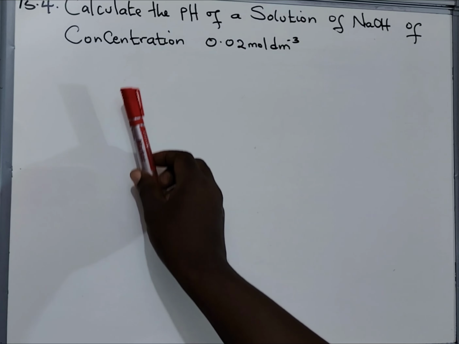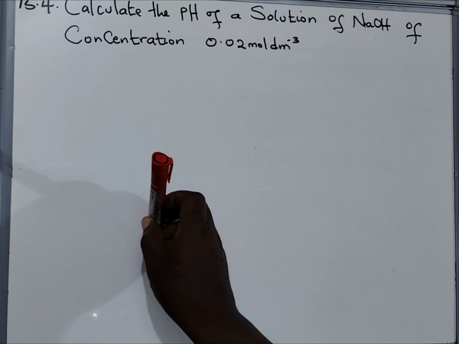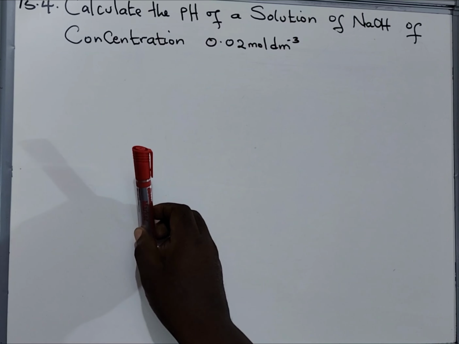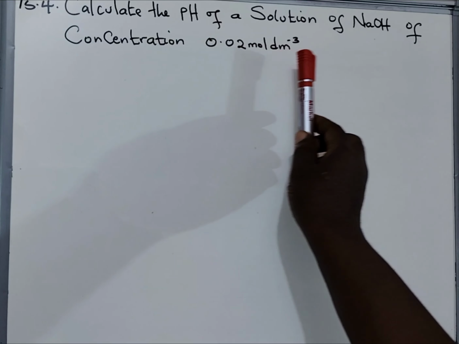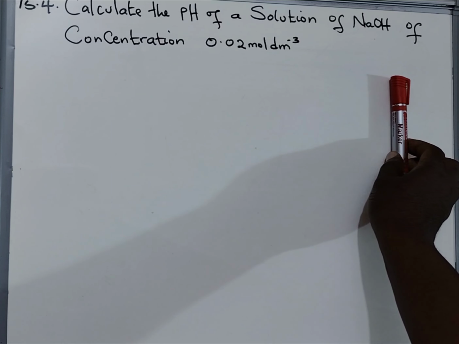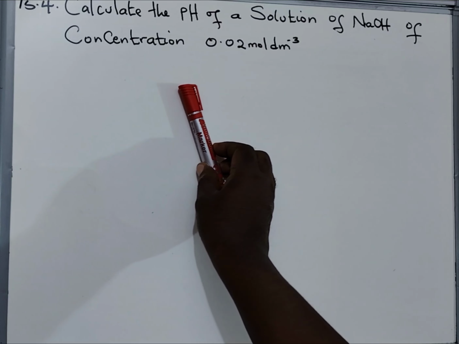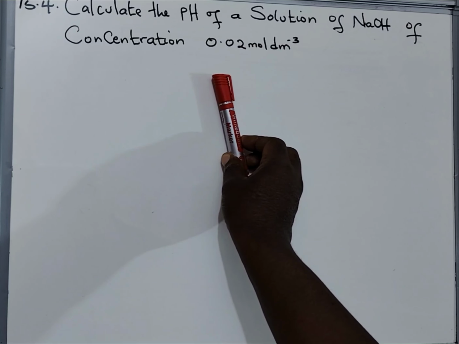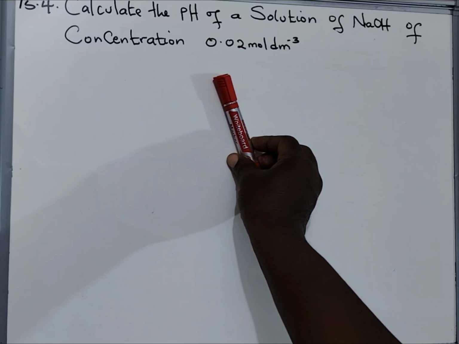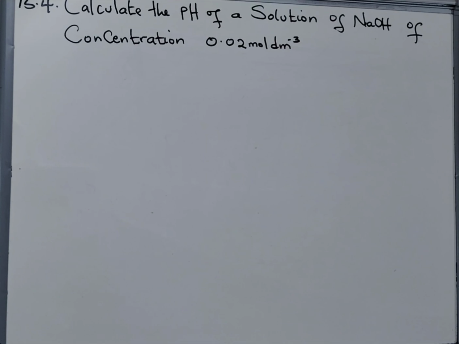Then comes this question. It says, calculate the pH of a solution of sodium hydroxide of concentration 0.02 moles per cubic decimeter. How do you go about that?